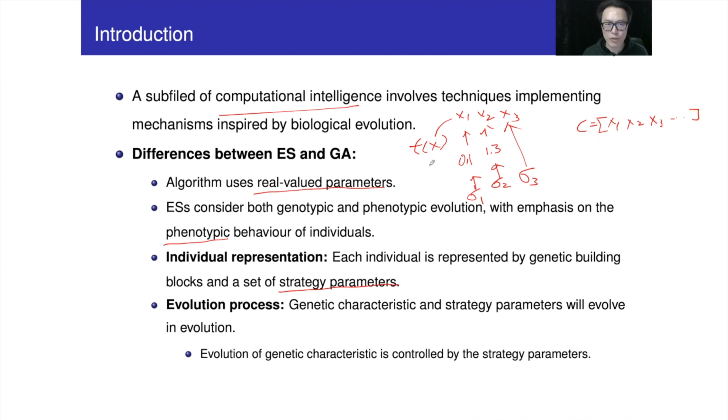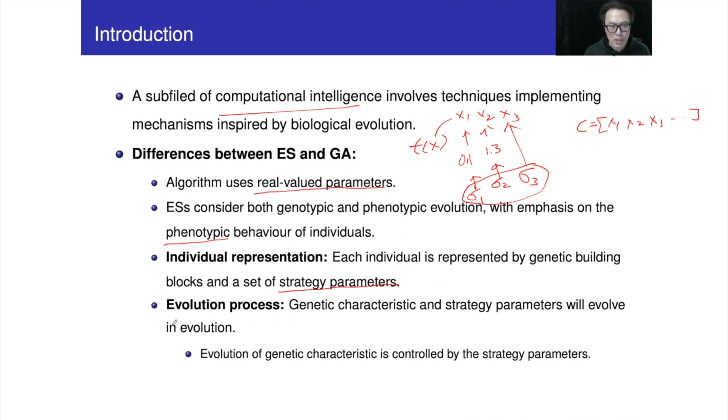But now when we talk about ES, associated with each x1, x2, x3, we have sigma 1, sigma 2, sigma 3. This is the strategy parameter which gives you some guidance on how we update the decision variables. We will look at that later on.